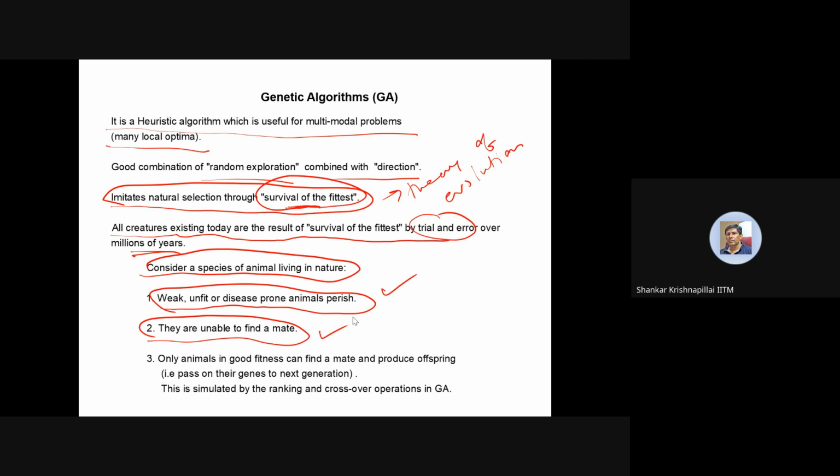Only animals in good fitness can find a mate, produce offspring and pass their genes to the next generation. All these operations are simulated in genetic algorithm using a process called ranking and also a process called crossover. We'll see what these processes are later.